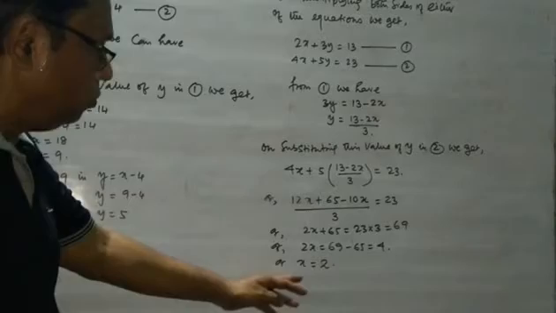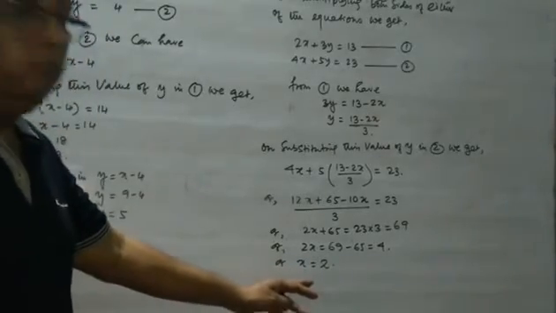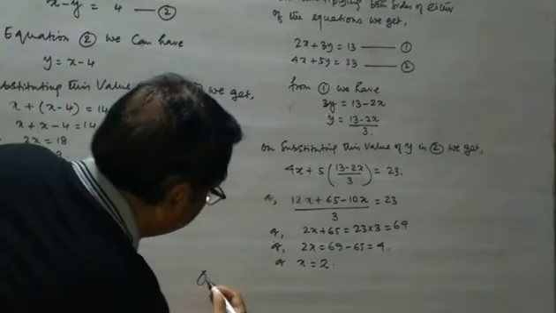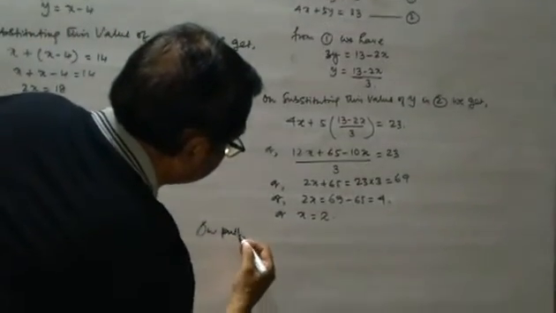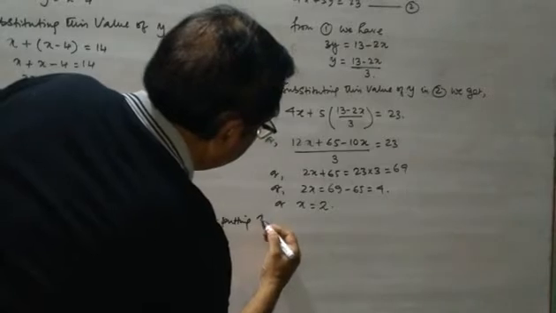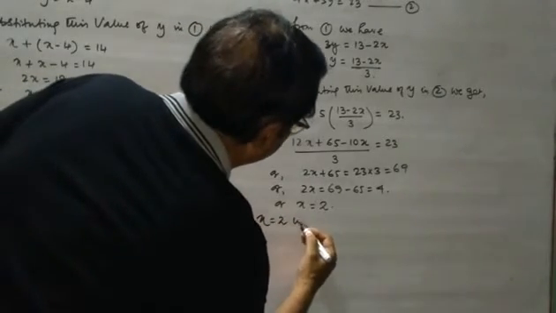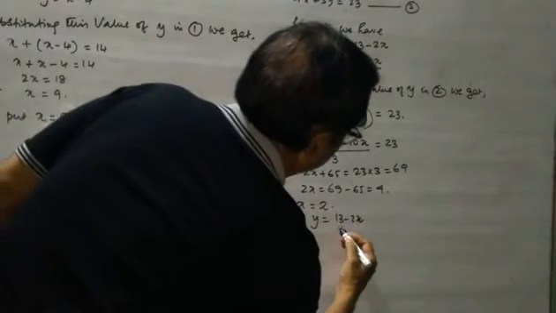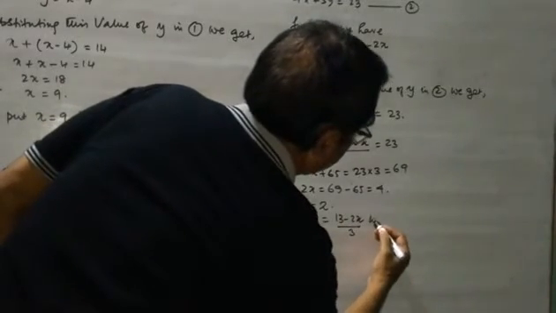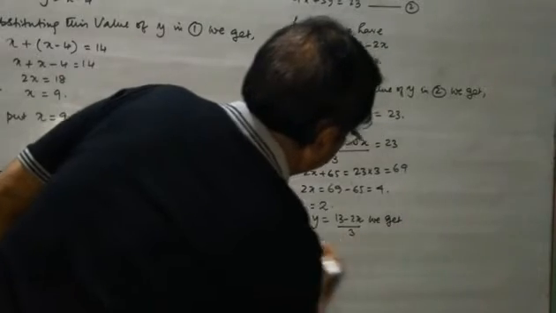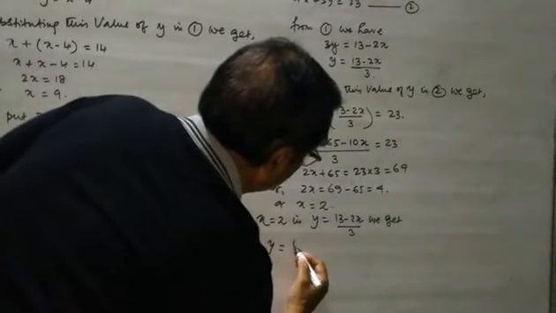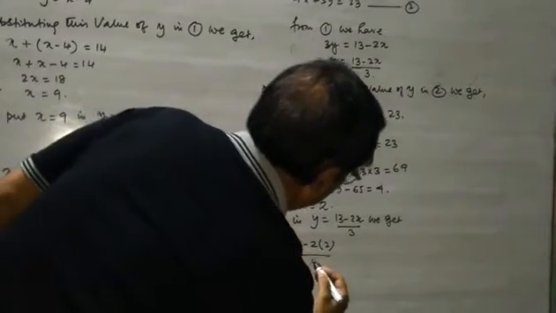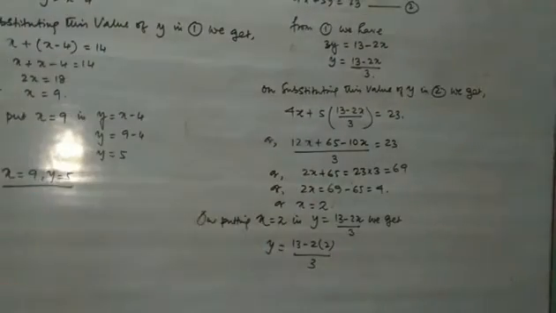Now, what do you have to do? You will put this value of x in this very equation. On putting x equals to 2 in y equals to 13 minus 2x by 3, we get y equals to 13 minus 2 into 2 by 3. We have got the value of x equals to 2.